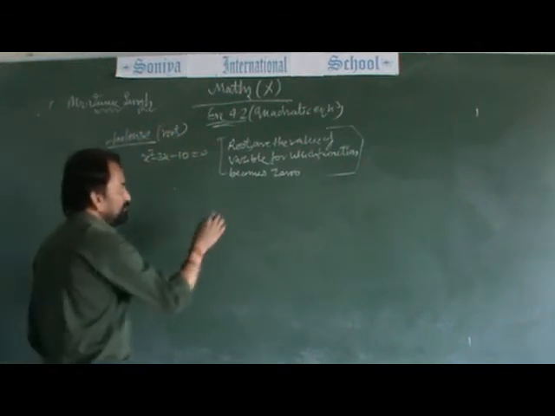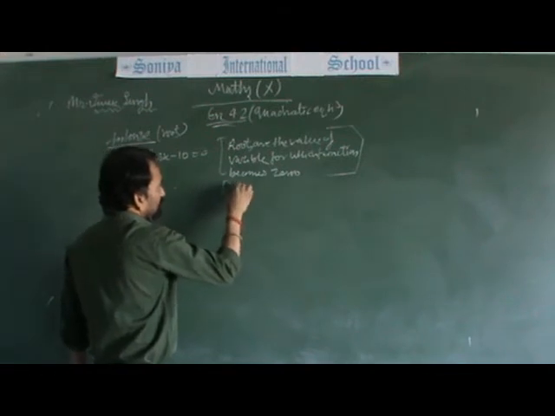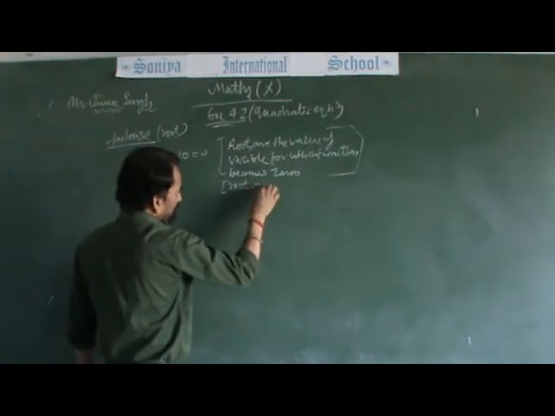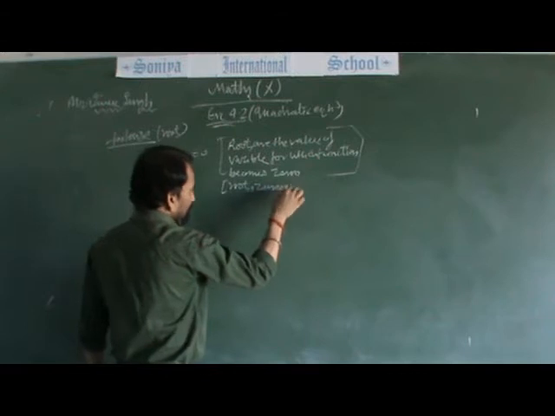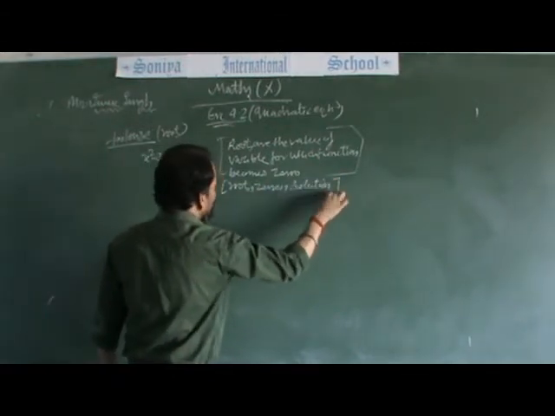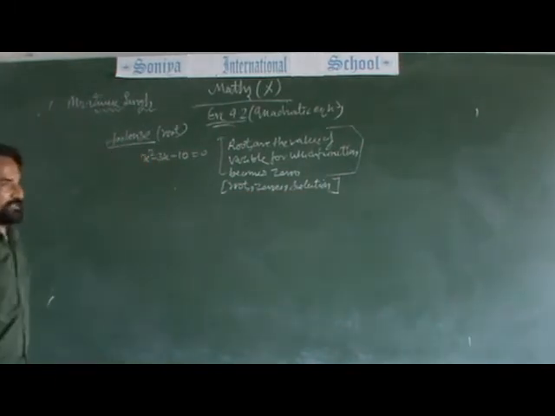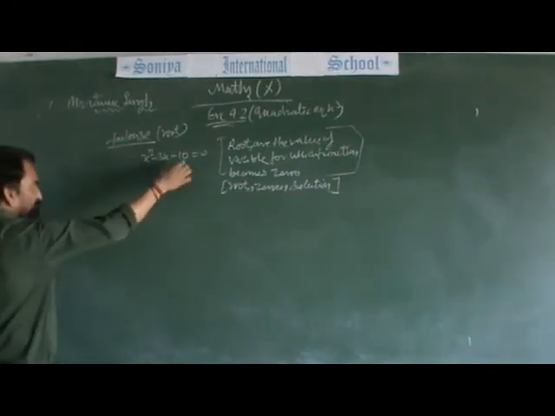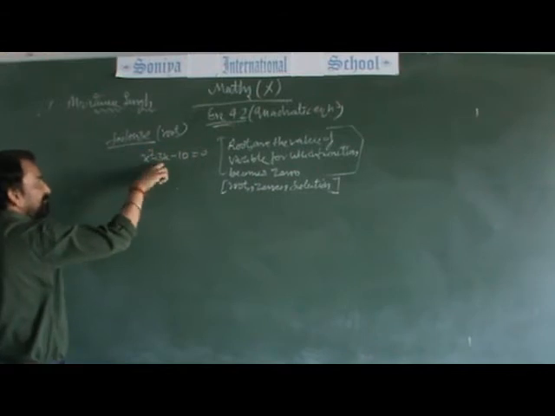So never confuse the three words: roots, zeros, and solution. For quadratic and cubic equations, these three terms represent the same meaning. 10 is 1 times 10 and 5 times 2.